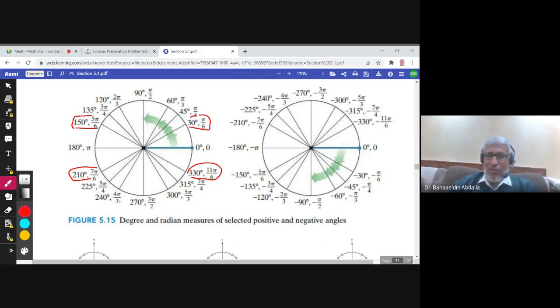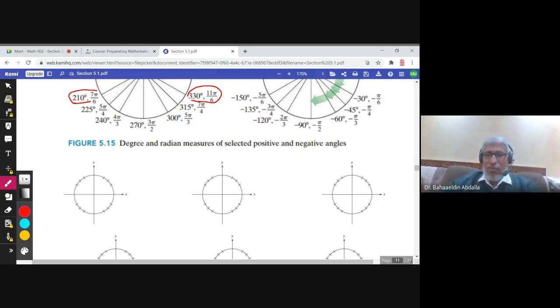This is 4 pi over 3, and this is 5 pi over 3. So the angles 60, 120, 240, and 300 are together. So if you go in the positive direction, or if you go in the negative direction, you will have this circle. Okay, negative 30, negative 45, and so on.